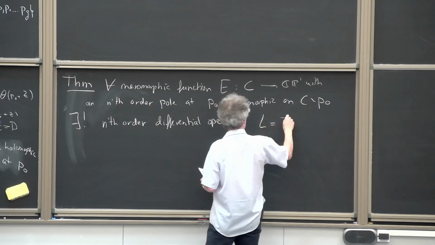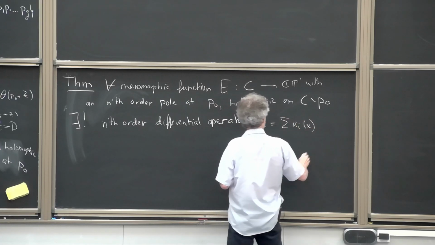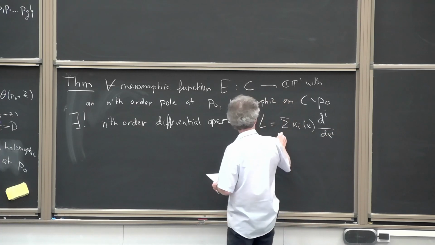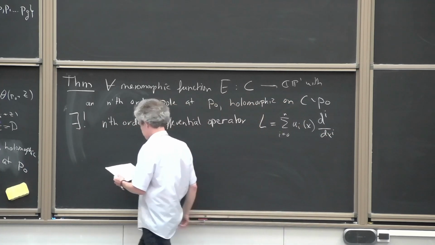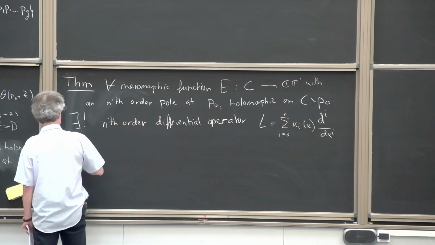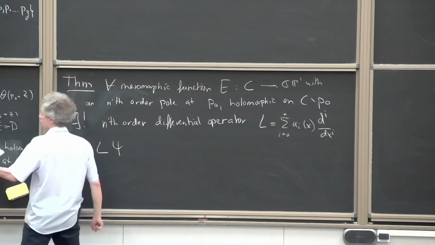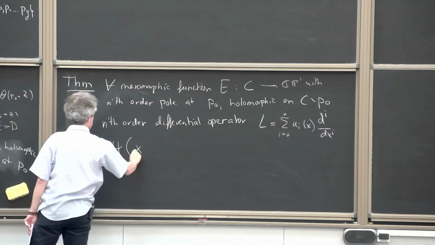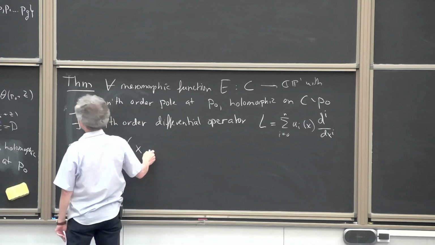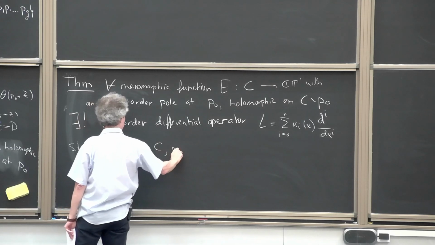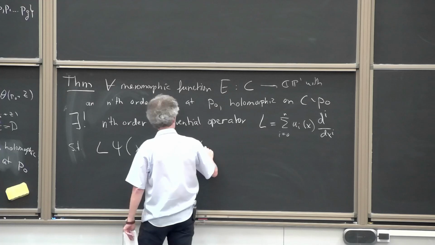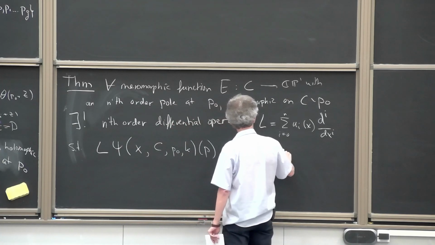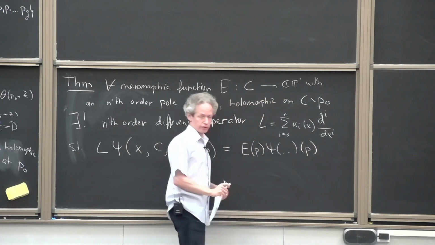L is the sum of ui(x) d^i/dx^i, i goes from 0 to n, such that L applied to psi, and for psi I'll just take the one variable version I had before, so psi(x, C, P naught, k, P), is equal to E psi of P. Okay?